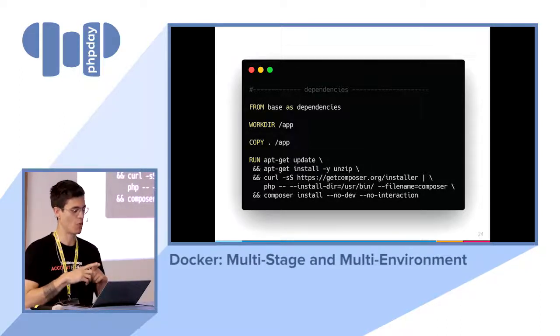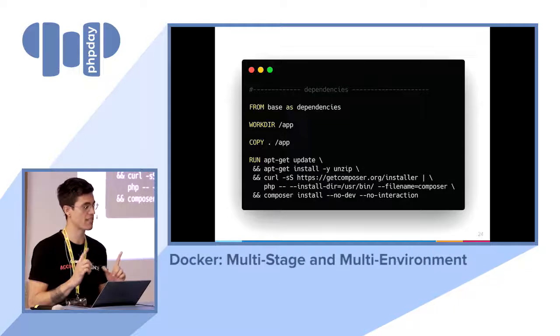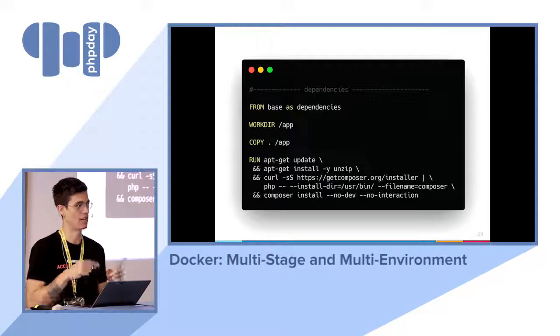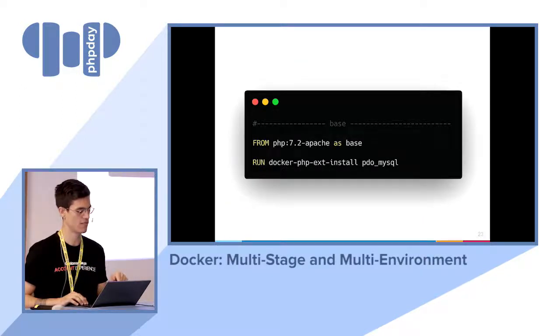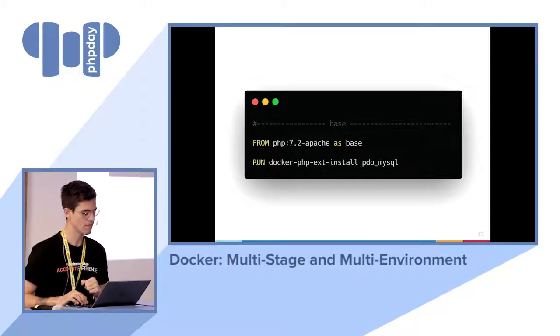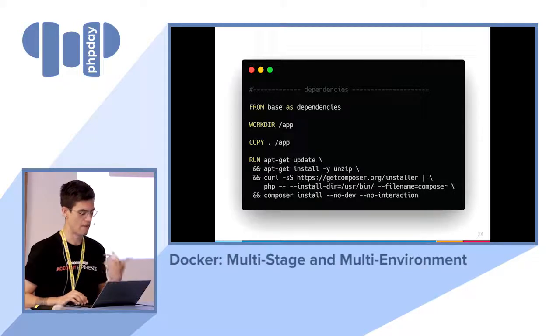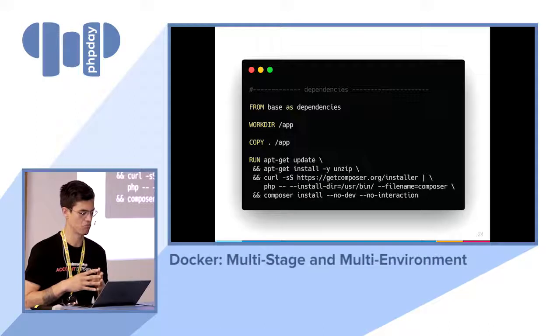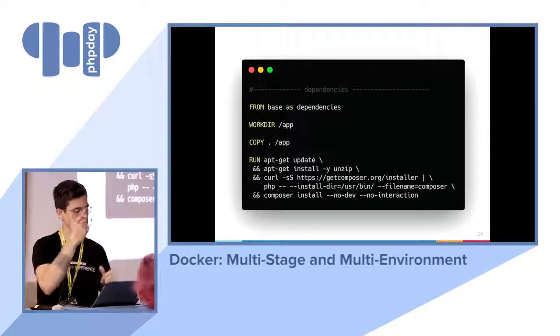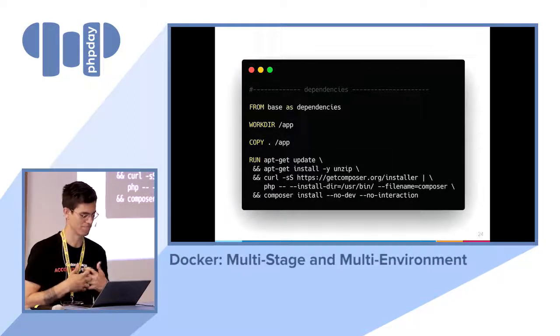Dependencies. So here we have the first thing that we have to understand about multi-stage. We are creating this stage from the base because I gave the name to this stage. Its name is base. And now I can reference this stage in other parts. So I'm creating another stage based on the base.